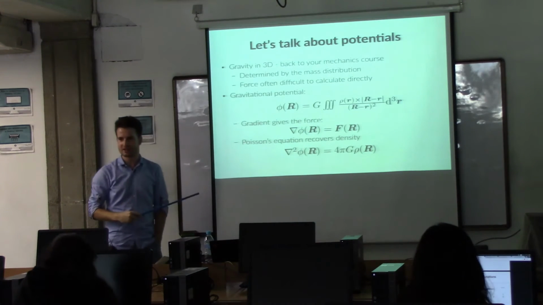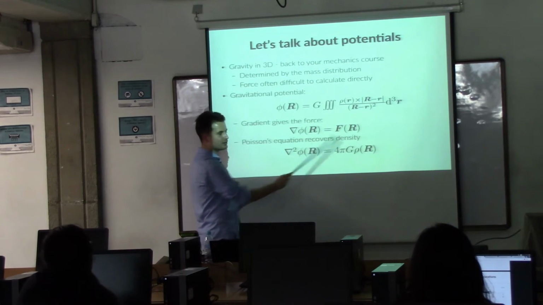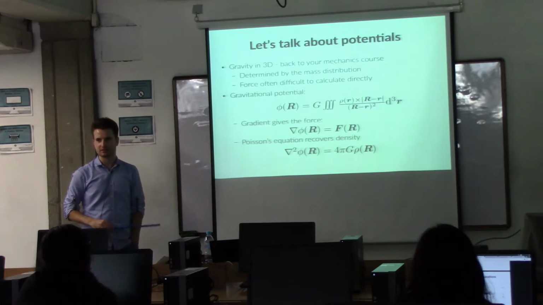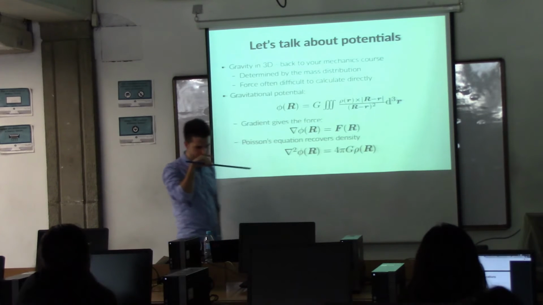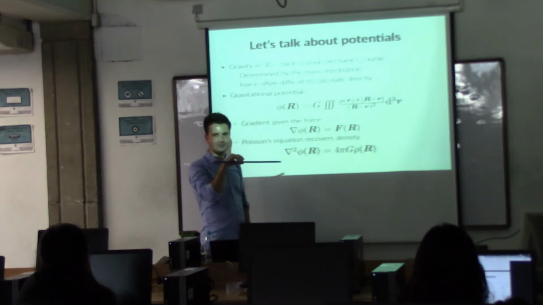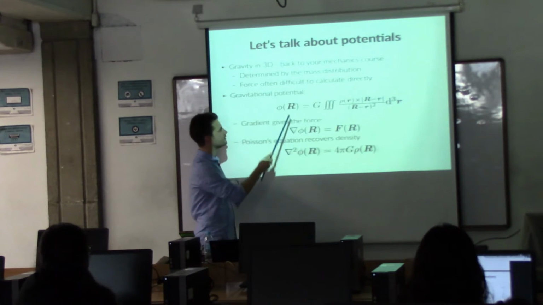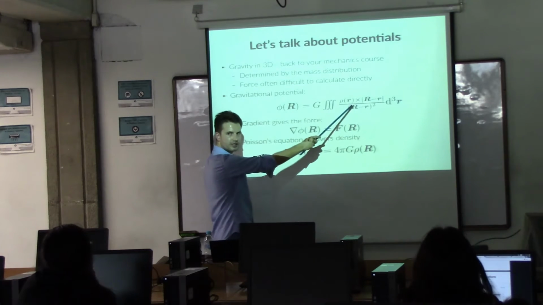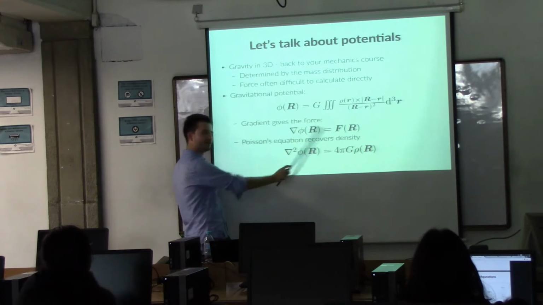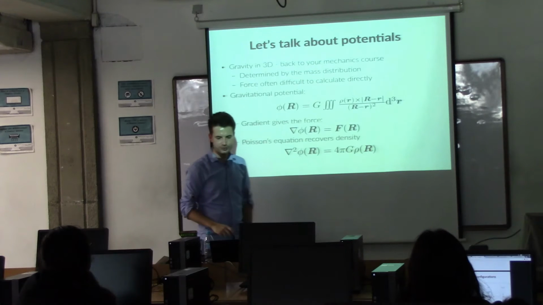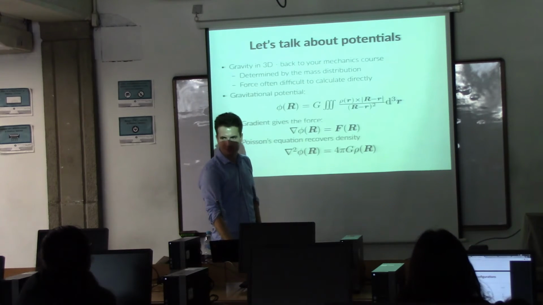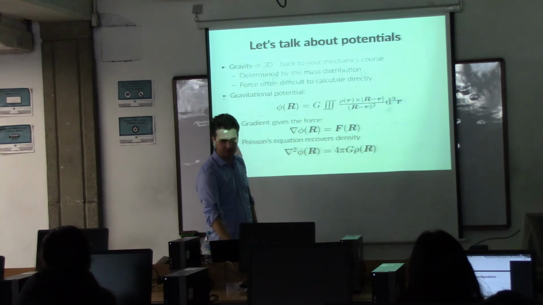So if you differentiate it enough, you get the underlying local density. This has some very nice properties: it's proportional to the mass distribution, and if you differentiate it, you get force. And the trick we'll use now is to try to do something like this, but in 2D.